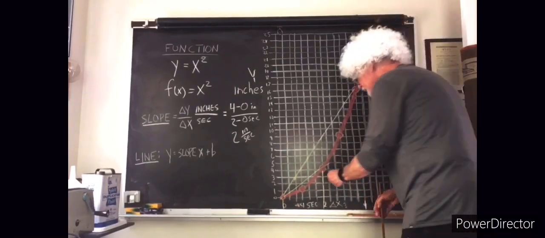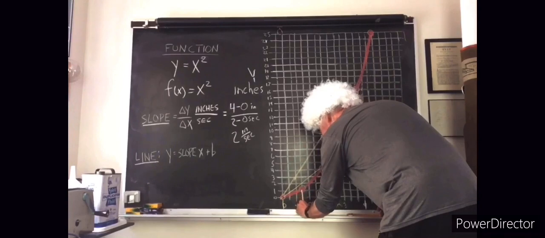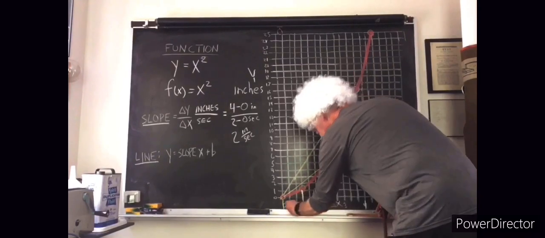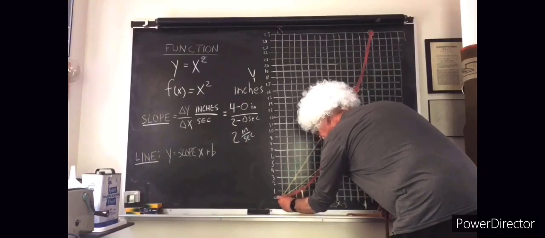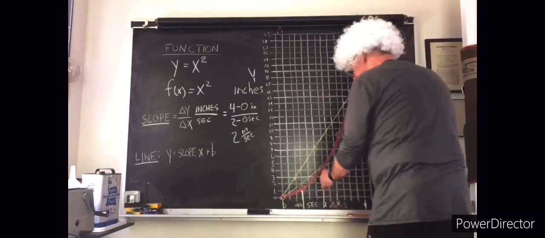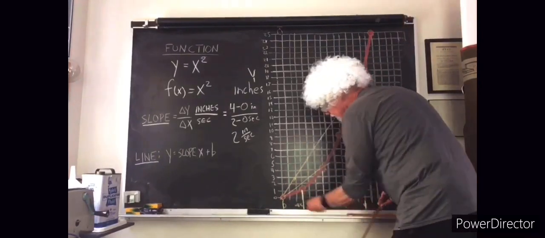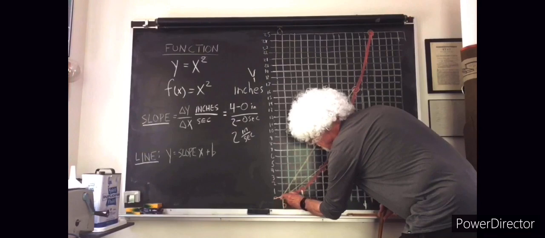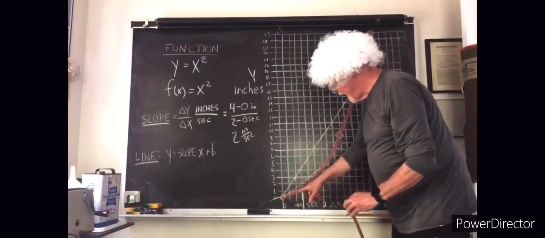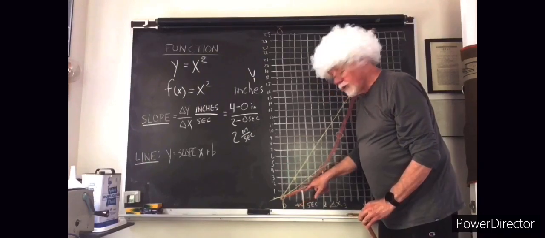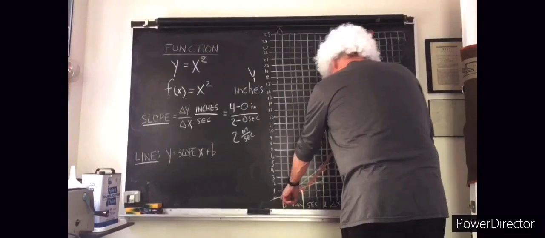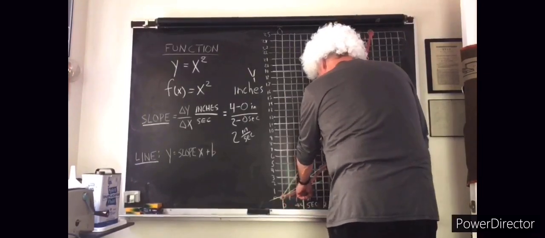Okay, let's make our delta x even smaller. This is it. Delta x is just 1, and it's getting smaller. Now we're going to take the slope from here, and you can see that's even closer to the slope of this curve. So this is 1 second.